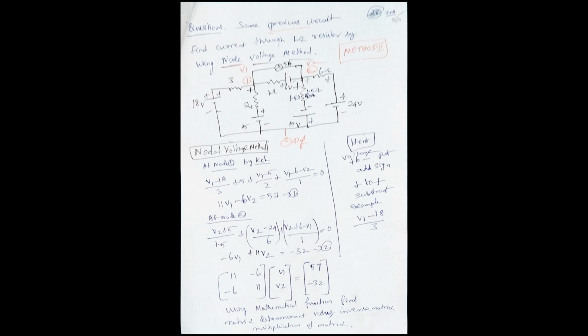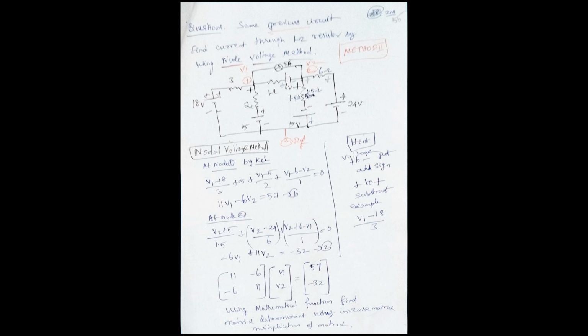The 1 is the 1 ohm resistance. V2 is the nodal voltage at node 2, plus 6 for the minus second terminal, put add sign, so plus 6. V2 and V1 are opposite, so put minus V1, is equal to 0.